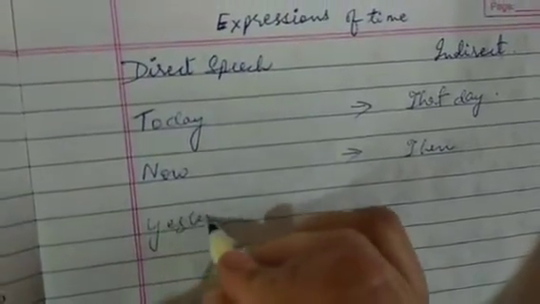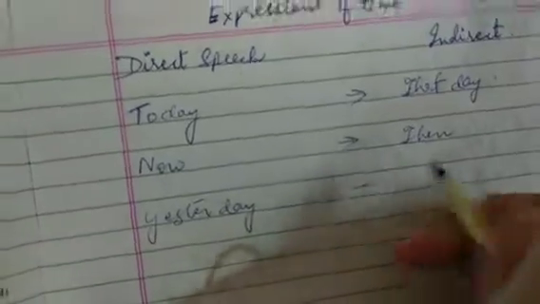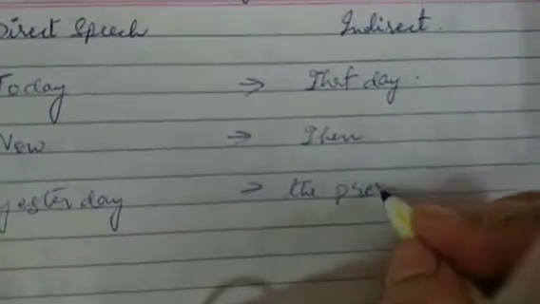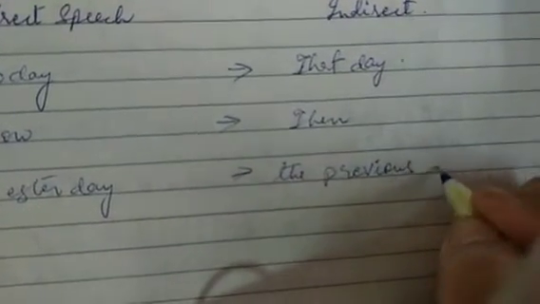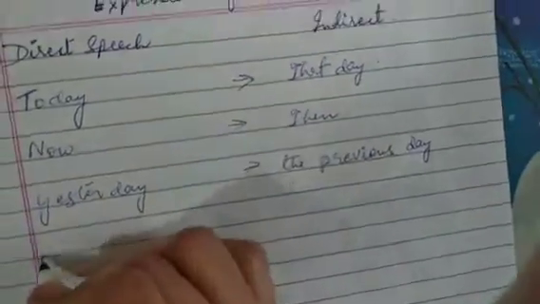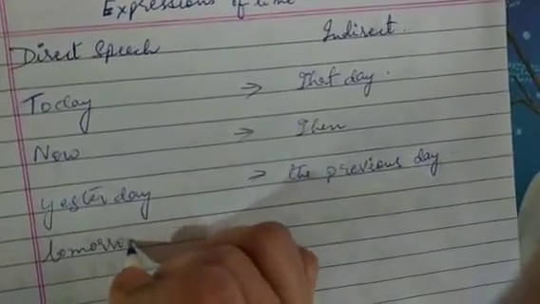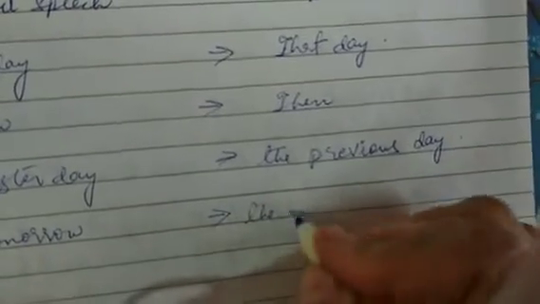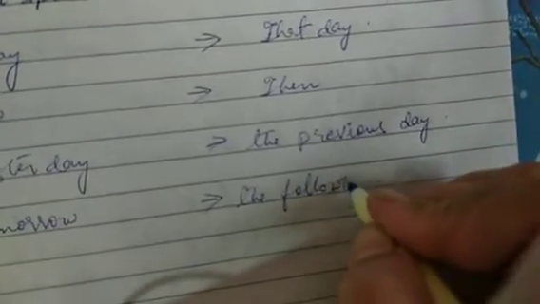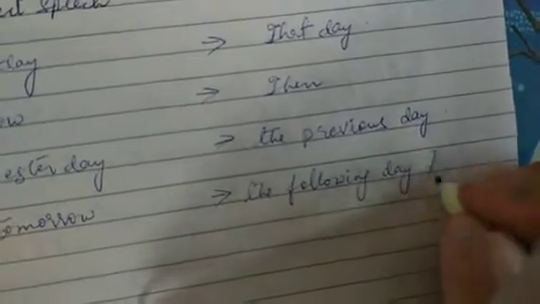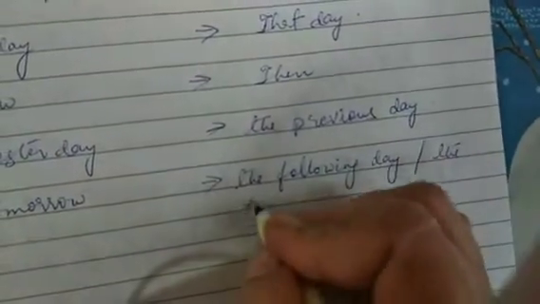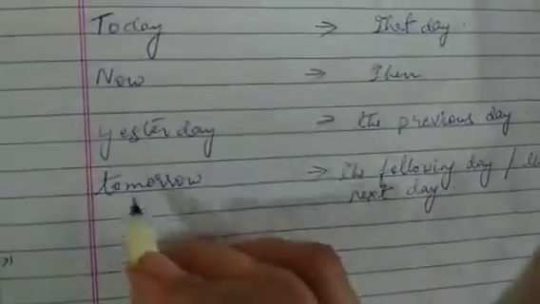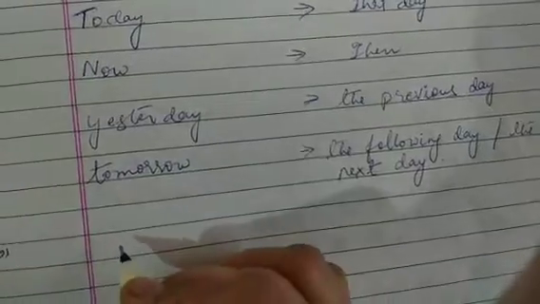Yesterday becomes the previous day. Tomorrow becomes the following day or the next day. That is the change when we are converting direct into indirect.